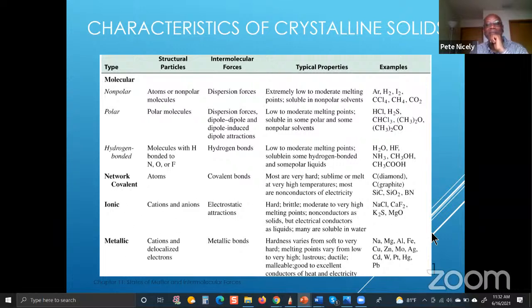So what I'm going to do is skip to the next slide, but just to indicate, we'll be talking about covalent, ionic, and metallic bonding. And actually network covalent, I meant to say, network covalent, ionic, and metallic bonding. And we're going to see how those compare to the type of forces that exist between molecules.